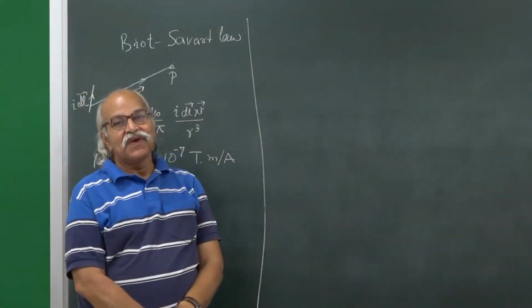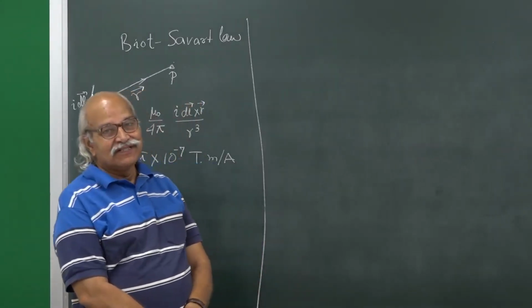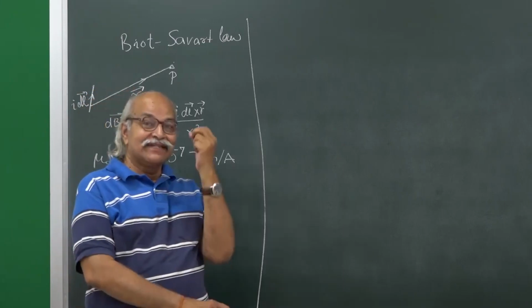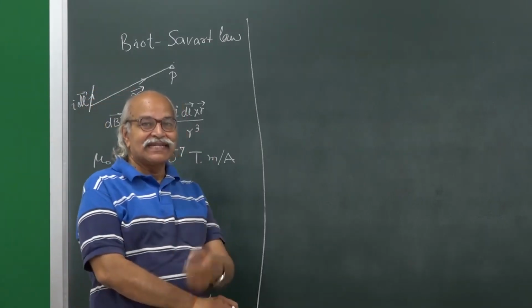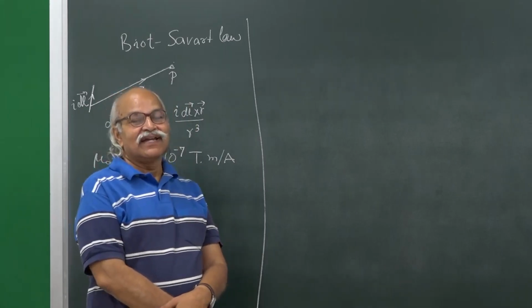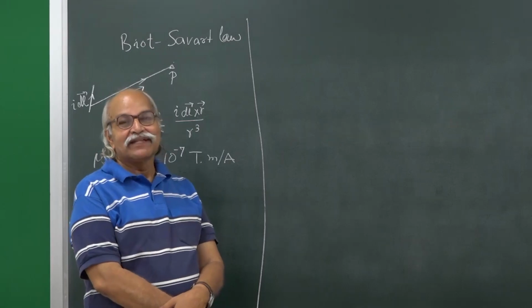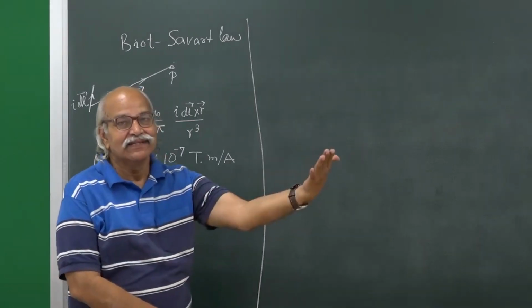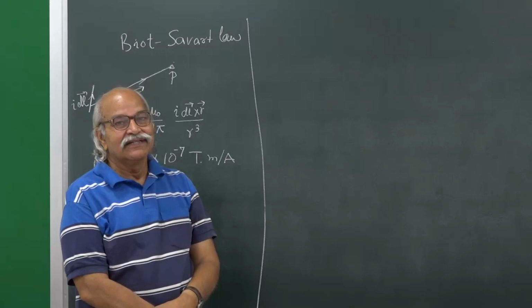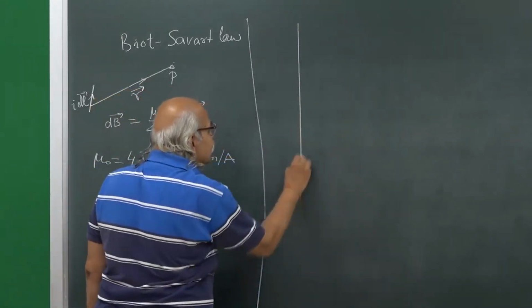So, you have already studied in high school the first application of the Biot-Savart law: you have a long straight wire carrying a current I, and you need the magnetic field at a given distance from this current.